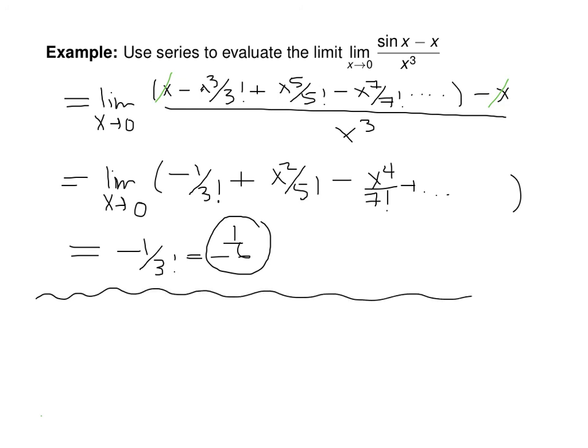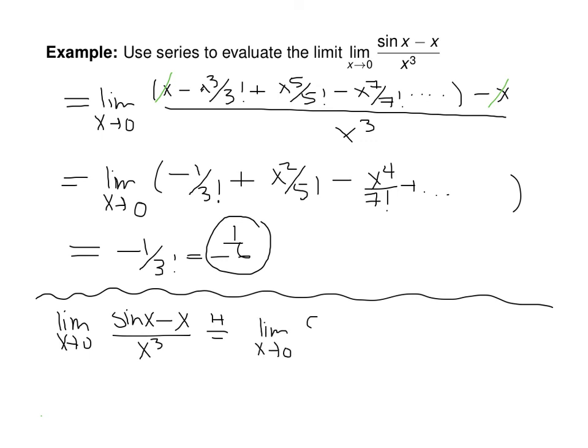Now just to verify, you also could have used L'Hopital's rule. So find the limit as x goes to 0 of sine x minus x over x cubed. This limit is of the form 0 over 0, so you apply L'Hopital's rule, and we have the limit as x goes to 0 of cosine of x minus 1 over 3x squared.